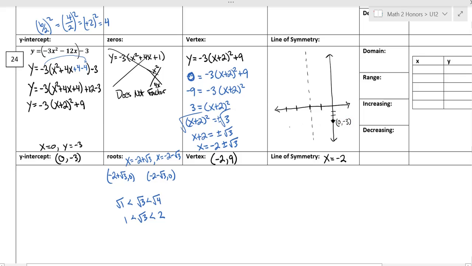So there's a matching point on the left side of the graph at negative 4, negative 3. X-intercepts are at negative 2 plus root 3. Well, let me do the vertex first. So negative 2, 9.